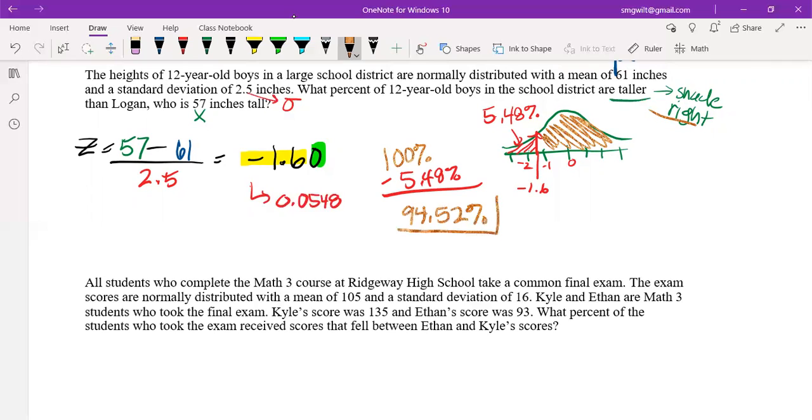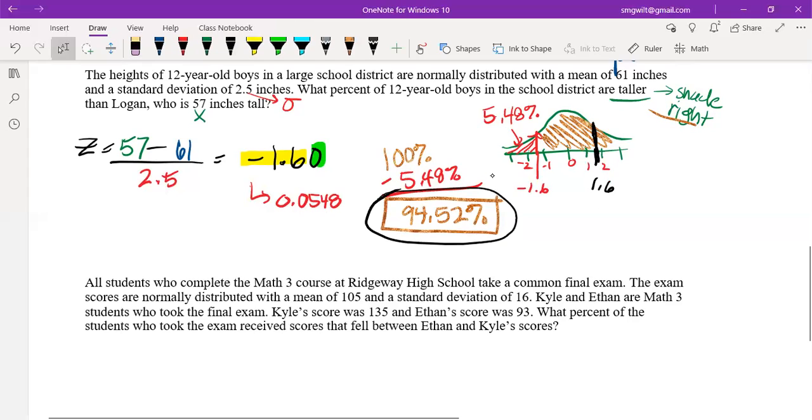One hint that he gives in the following video, and I just want to show you now, is that based on the symmetry of the normal distribution, if I look at positive 1.6 on the z-table, I'll actually get this same percentage.